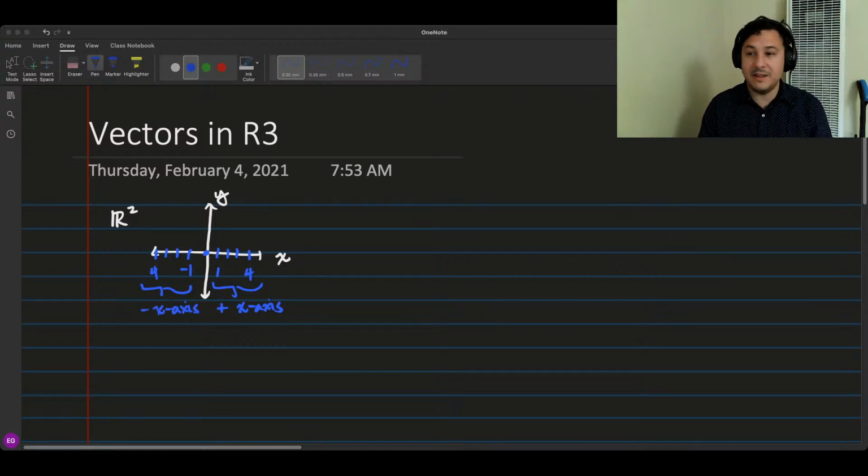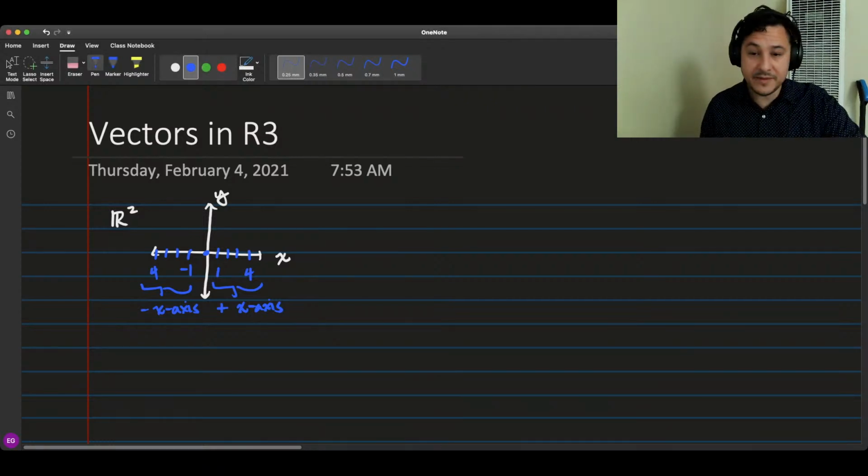You could switch that if you wanted to. There's no reason why the positives have to be on the right and the negatives on the left. Maybe you've never thought about doing this before, but you could. So we're going to have a similar sort of decision to make when we're dealing with R3.